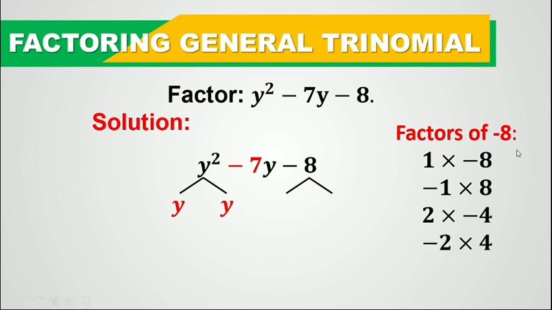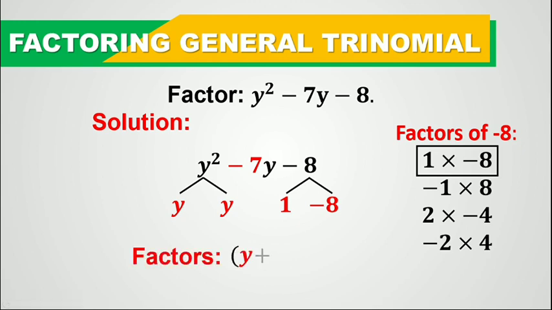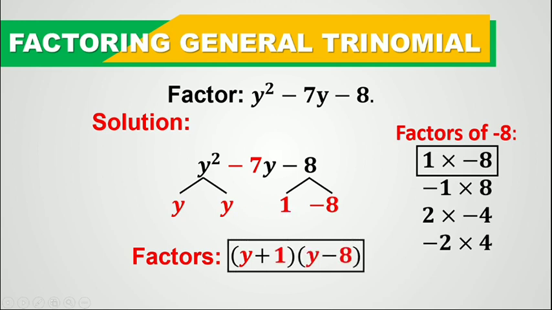And which of these factors, if you add them, the sum is negative 7? It's 1 times negative 8, because 1 plus negative 8 is negative 7. So therefore, the factors of negative 8 that we're going to write here are 1 and negative 8. So the factors of y squared minus 7y minus 8 are y plus 1 times y minus 8. And this is now our answer for this particular example.